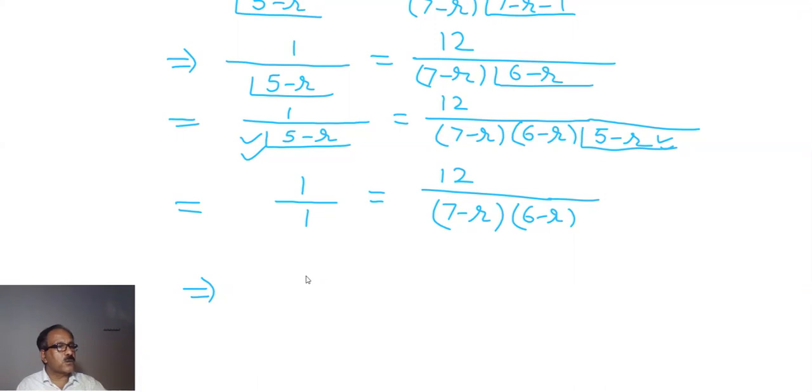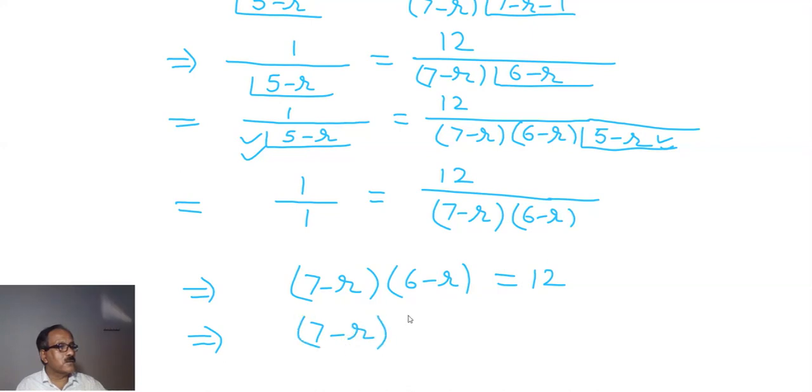Do the cross product, you will have (7 minus r)(6 minus r) is equal to 12. That is (7 minus r)(6 minus r). This 12 may be written as 4 into 3.